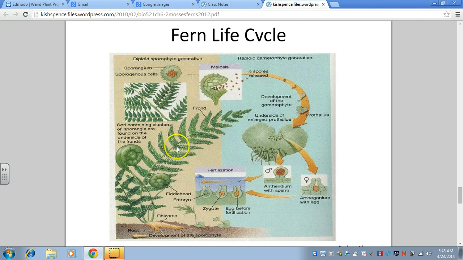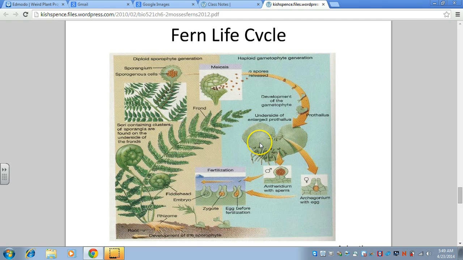Okay, so remember, the sporophyte's job is to make spores. So meiosis will happen inside of here and produce haploid spores. Okay, so the N is just to remind us they're haploid, half the number of chromosomes. These spores will land and germinate to form a gametophyte.